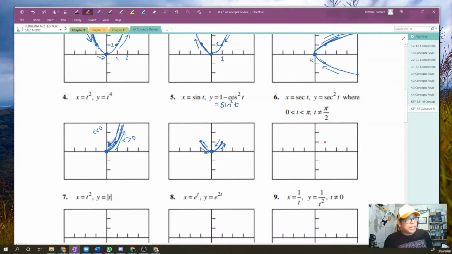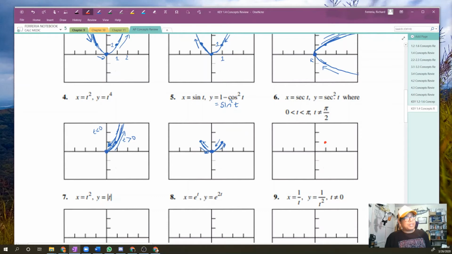You're noticing that these are getting more difficult. What happens at pi over, well, we can't get to pi over 2. What about pi over 4? At pi over 4, the cosine is radical 2 over 2, which is about 0.7.